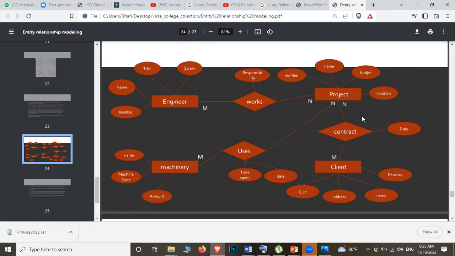And then see now project, there are some separate attributes which is only related to the project. At the same time date කියන එක client එකත් ඒ වගේම project එකත් දෙකටම relate වෙන එක.